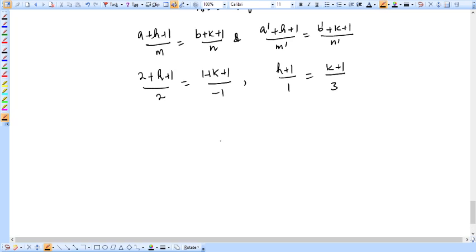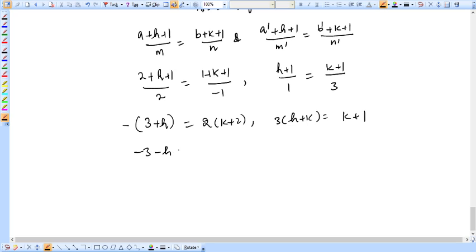So cross multiplication, it would become 3 plus h into -1 equal to 2 times k plus 1, and this would become 3 into h plus k is equal to 1 into k plus 1. Okay, so after multiplication and rearranging the terms, minus h is equal to 2k plus 4 and 3h plus 3, okay, this was 1 only, equal to k plus 1.